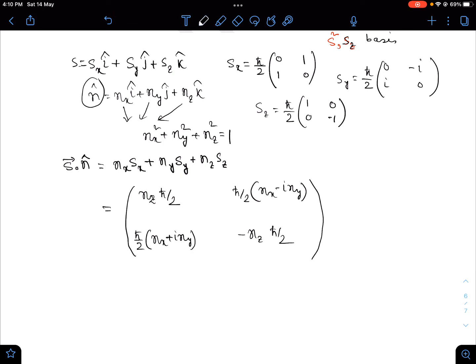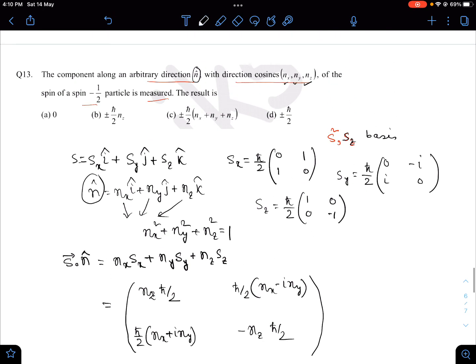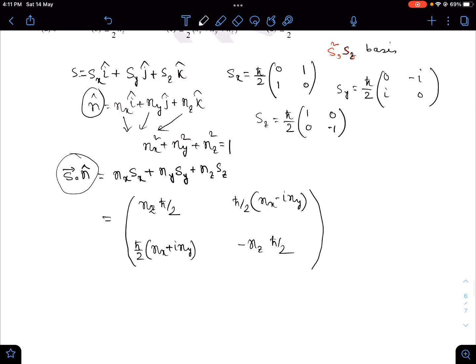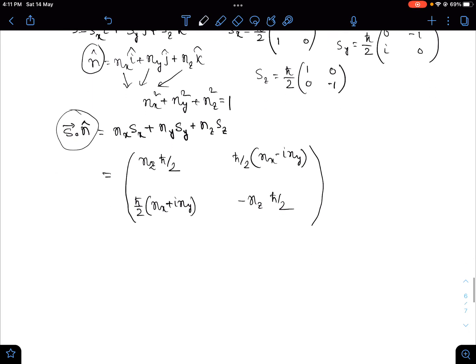So this is our matrix. If we measure this S dot n, what will be the value we will get? That means we have to find the eigenvalue of S dot n.